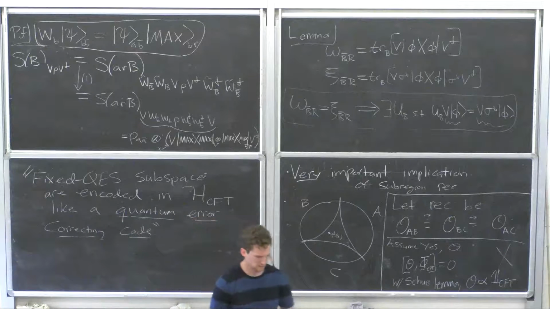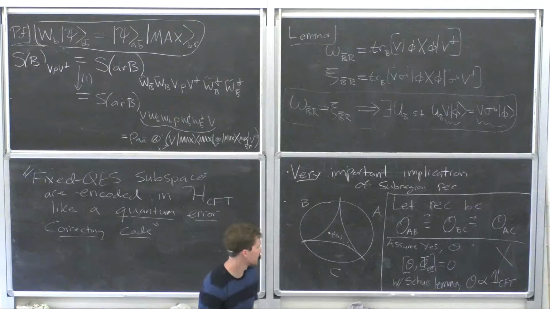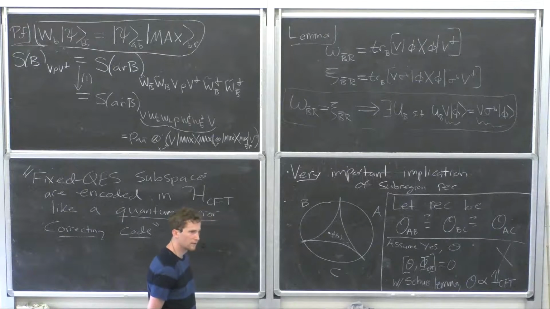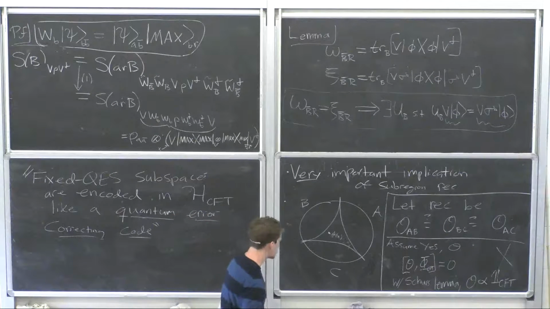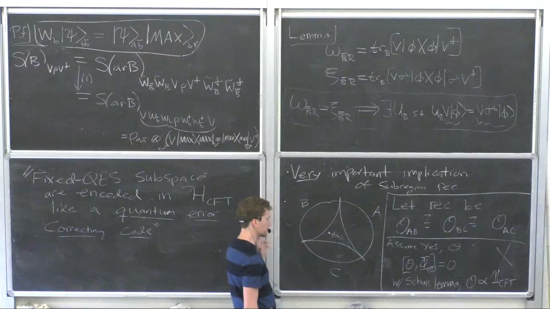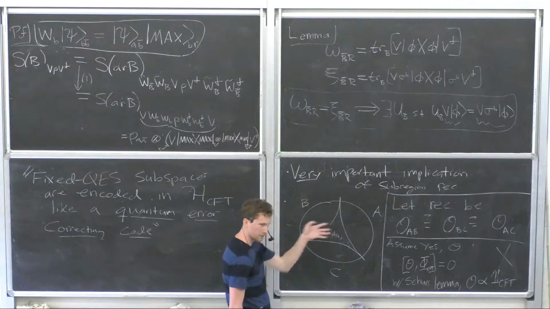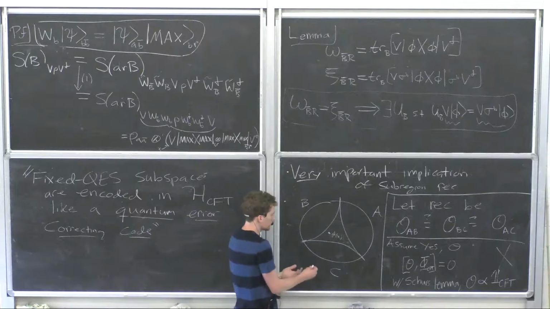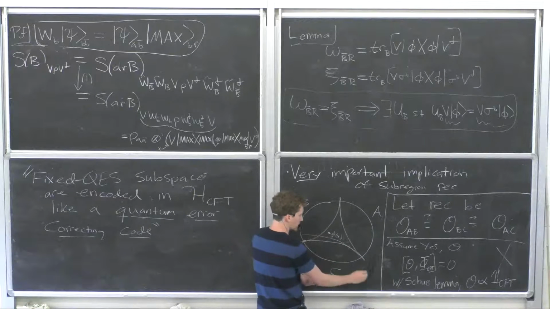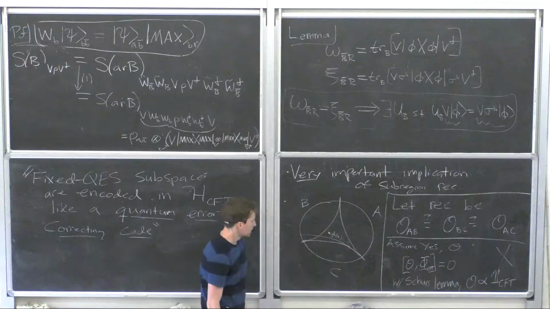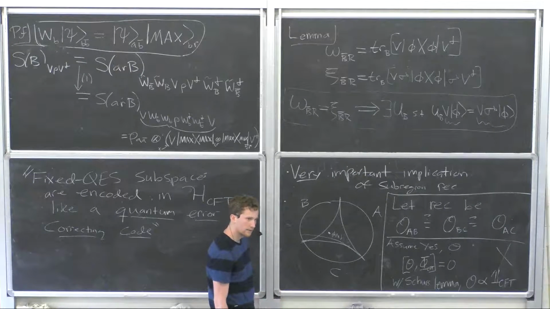Question: what is the status of this result if 2 subregions have an intersection region that is not 0? Okay, yes. To make this argument, we explicitly restricted our attention to subregions that were disjoint. You could consider a C prime that overlaps, and there will still be some reconstruction on BC.